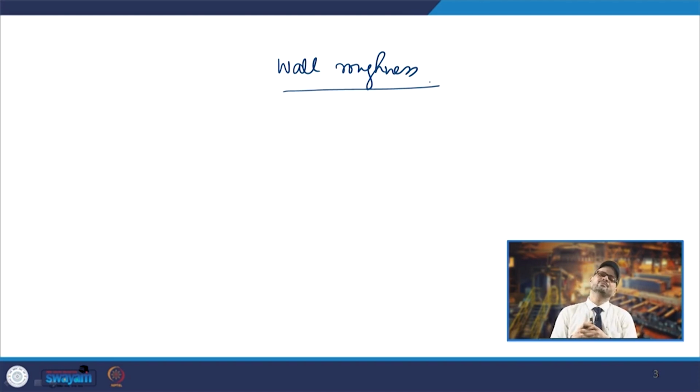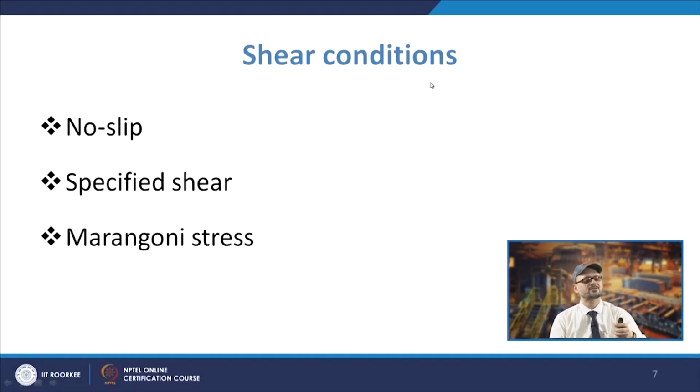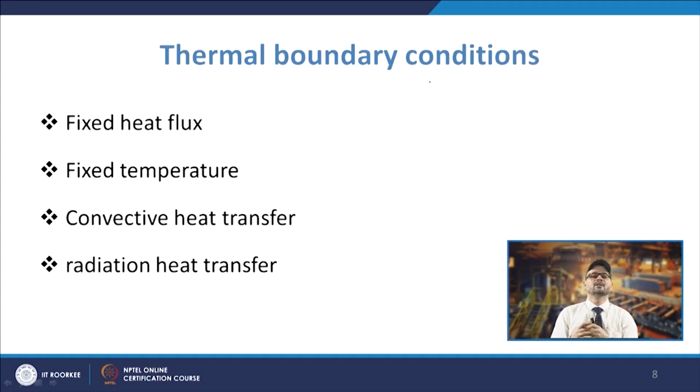Then you have the temperature boundary conditions, as we were discussing. You will have the thermal boundary conditions. The thermal boundary conditions are important because while dealing with them, you need to know what proper condition should be selected.